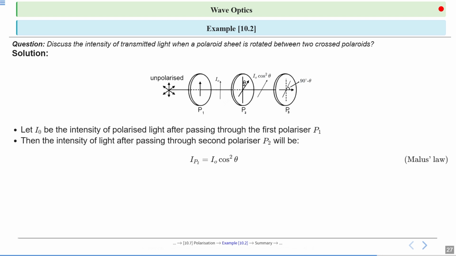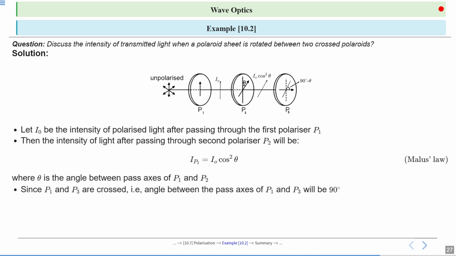Theta is the angle between the transmission axes of P1 and P2, and I naught is the intensity transmitted through the first Polaroid P1. Now it is incident on the second Polaroid. After passing through the second Polaroid, the transmitted intensity will be I P2, equal to I naught cos square theta according to Malus law. It's important to understand that theta represents the angle between the axes of P1 and P2.